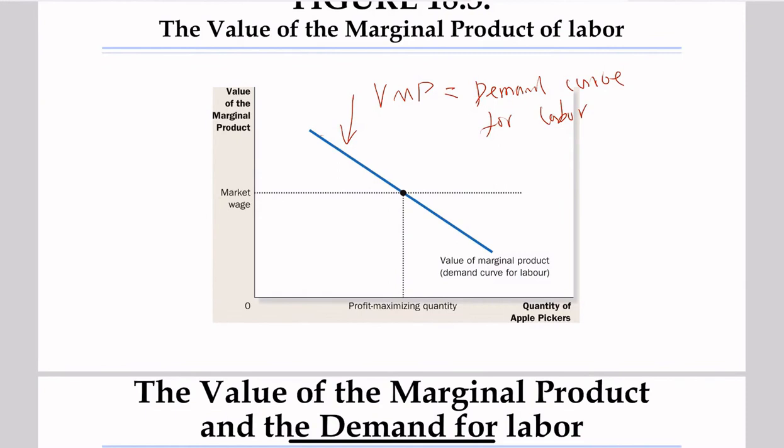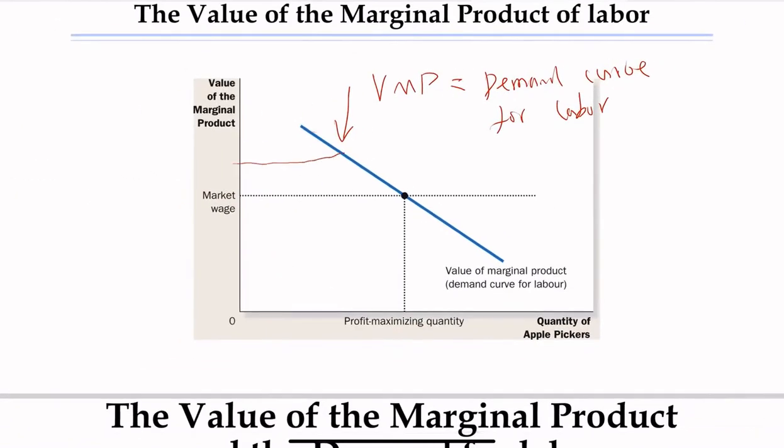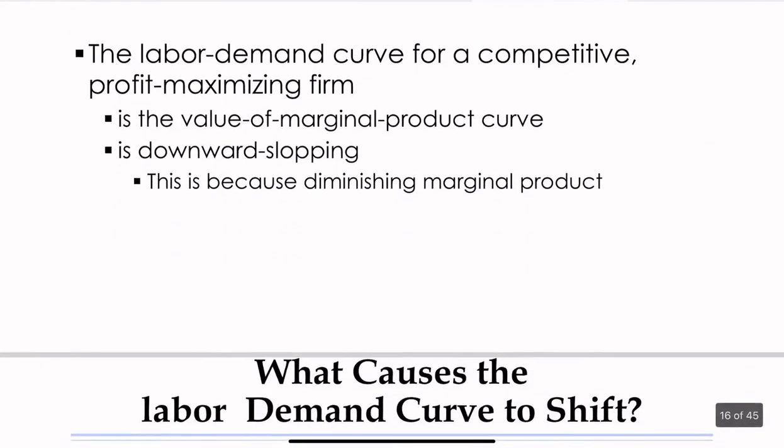And you can see that this blue curve will exactly serve this purpose, right? If you tell me the market wage, I can tell you the firm's quantity demanded. That is, how many workers will be demanded by the firm. So based on this reasoning, you can see that the blue line is the demand curve for labor, right? That is, again, value of marginal product tells us the firm's demand for labor.